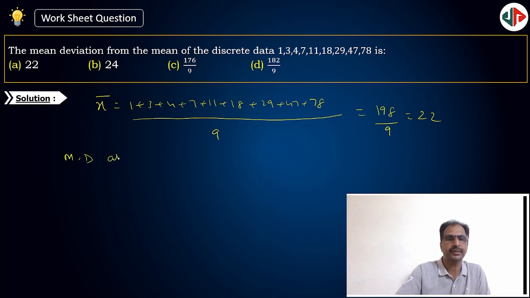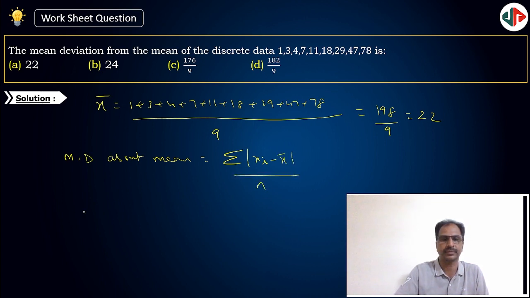Mean deviation about mean is nothing but sigma modulus xi minus mean by number of observations. Sigma modulus means negative sign becomes positive. Xi are the observations. So 1 minus 22 with modulus is 21.